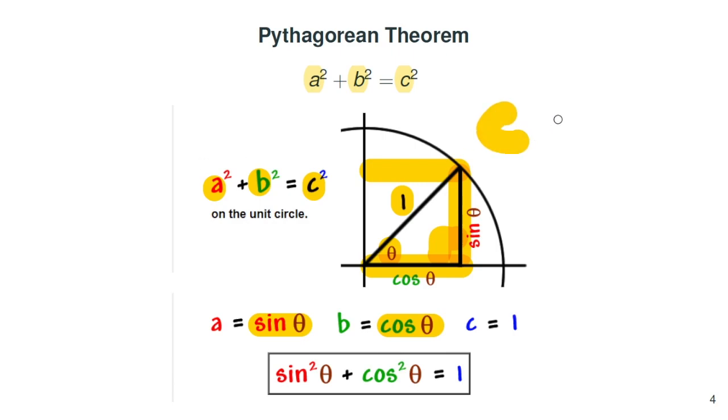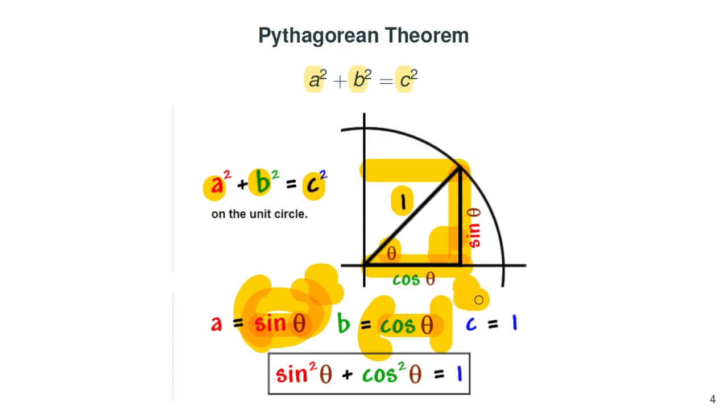Before we go to the next page, let me remind you of this. This sine squared theta means we're squaring this entire thing. So think of it as sine theta squared, as if there are parentheses here and we're squaring the entire sine theta. Same here, we're squaring the entire cosine.